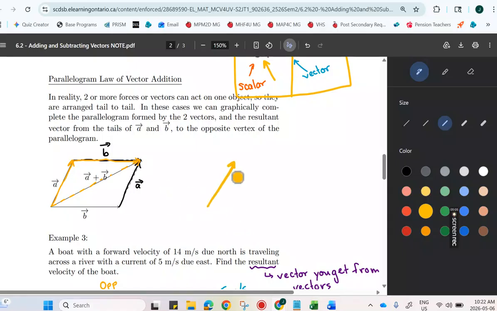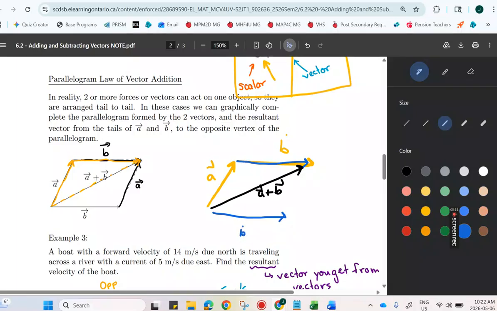If you've got A, then this is what we just learned, plus B, the resultant vector is vector A plus vector B. Now think about what we learned in our last lesson, 6.1, about equivalent vectors. This vector here will be the same as this vector down here, forming a parallelogram.